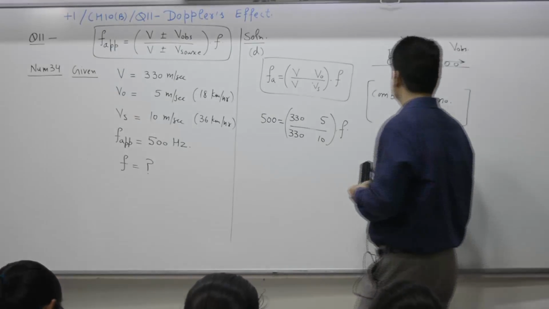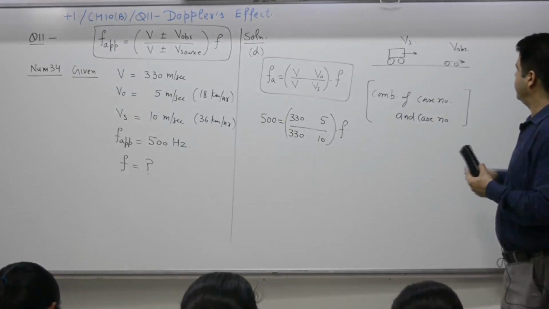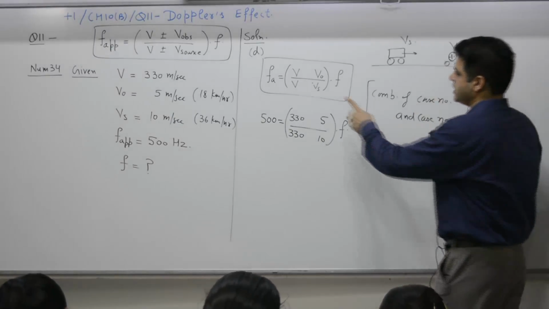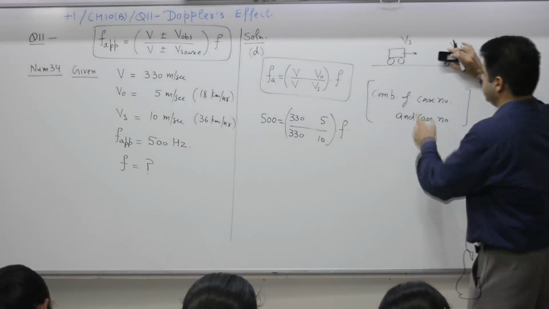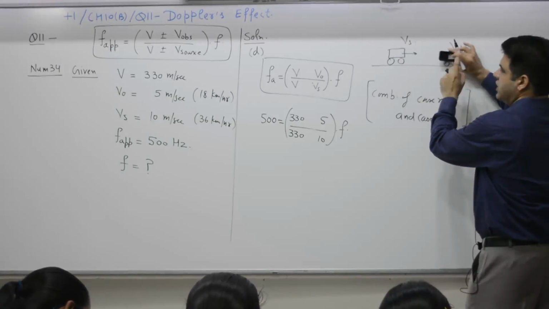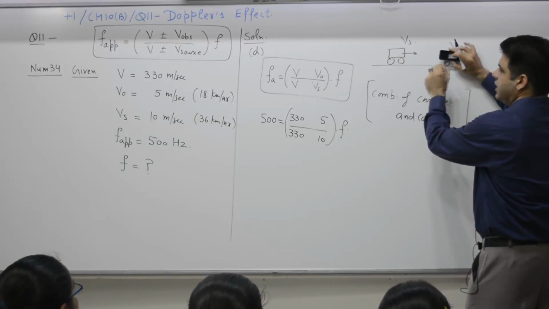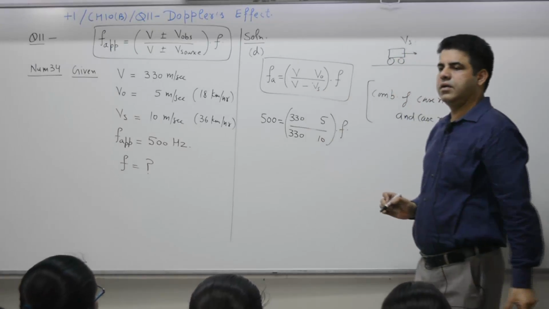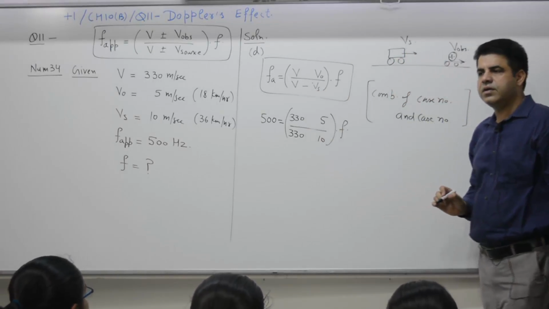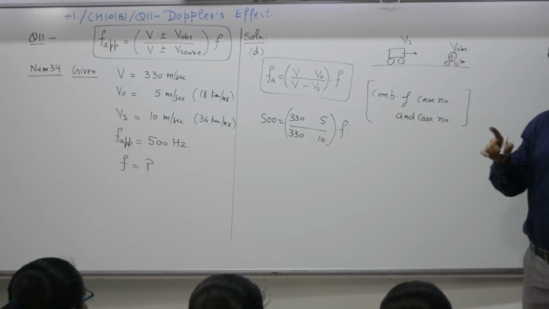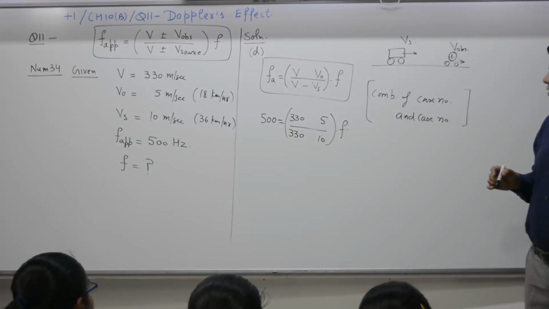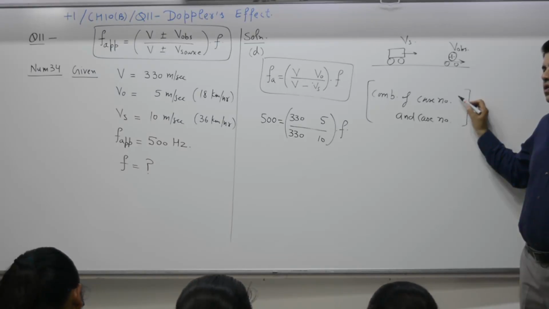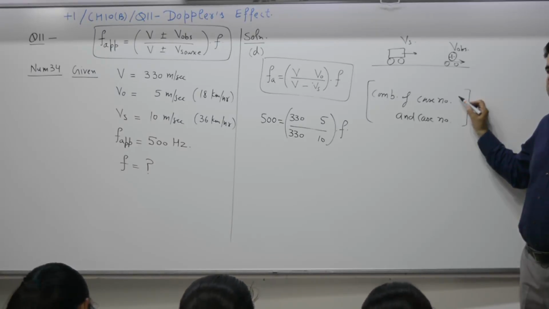If there is a confusion, observer is at rest. That means you have to decide this sign. If observer is at rest, source is moving towards, it will result in what? Increase in frequency. Agreed or not? This is case number, check. Case number 2, source moving towards observer at rest.